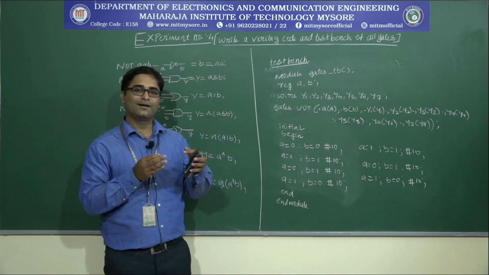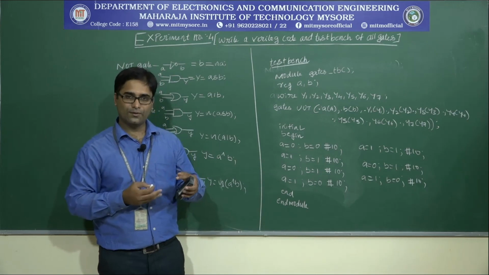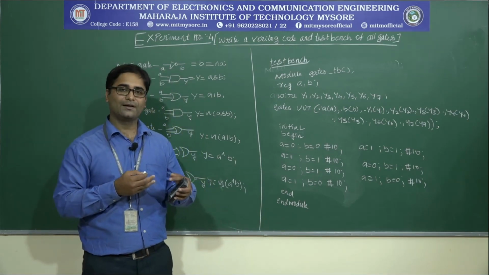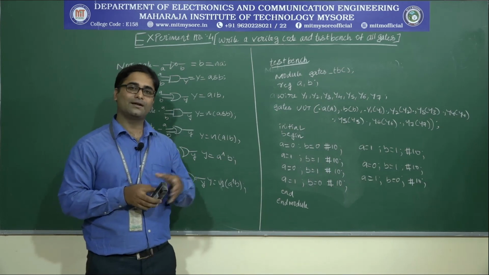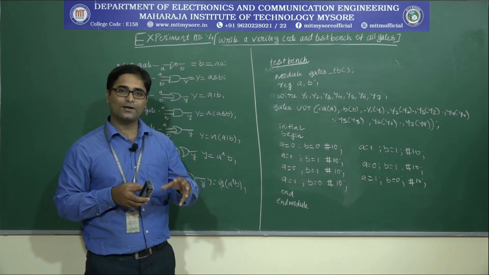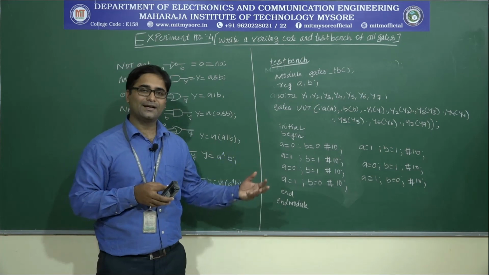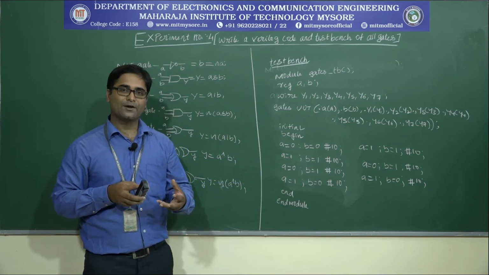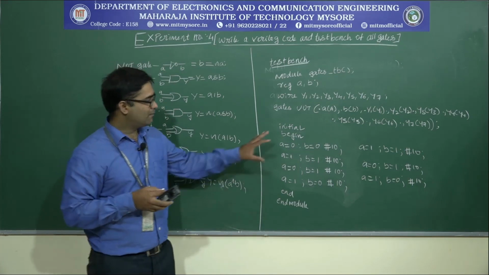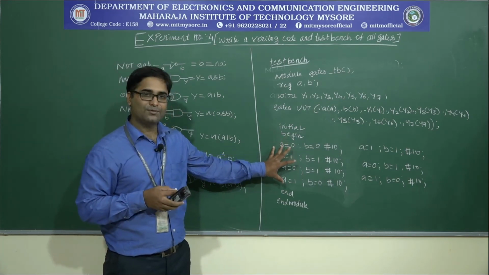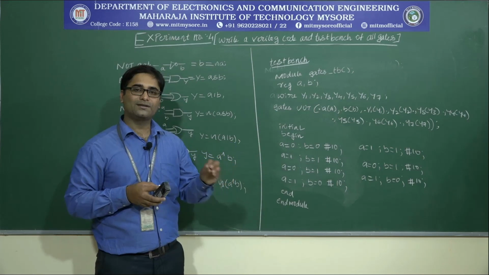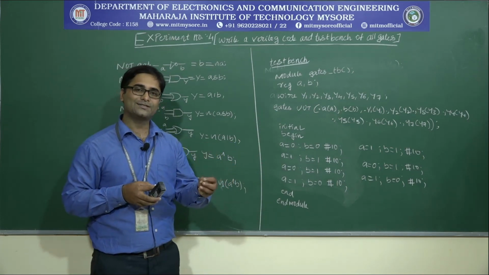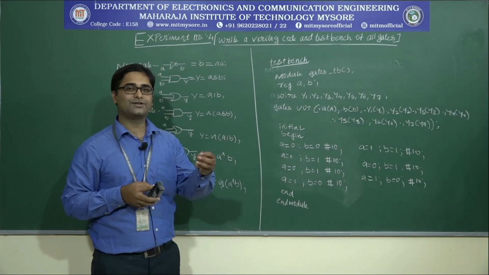So we have written a Verilog code for all the gates, and to simulate this program, we are writing the test bench which defines the functionalities of all the gates. So we have defined the inputs. Depending upon the values of the inputs, the output is obtained through the simulation window.